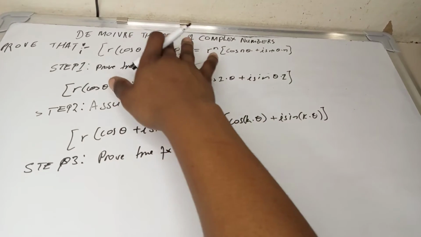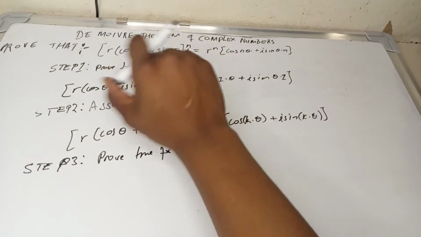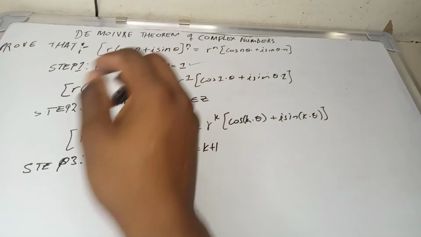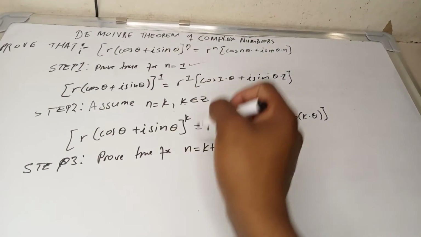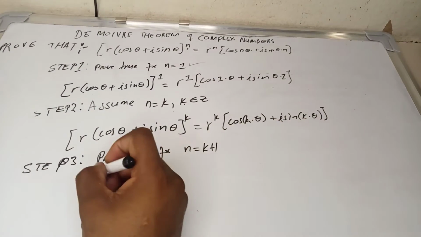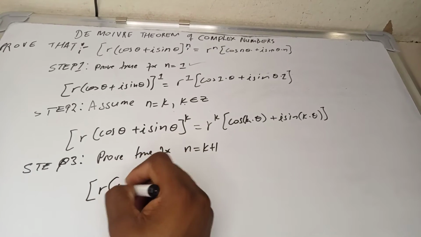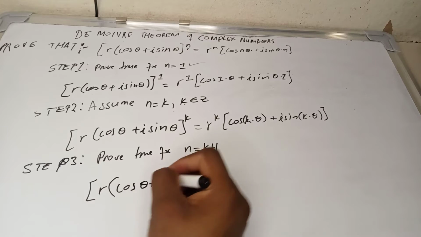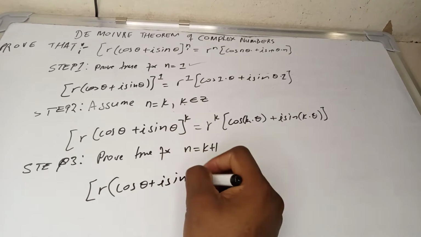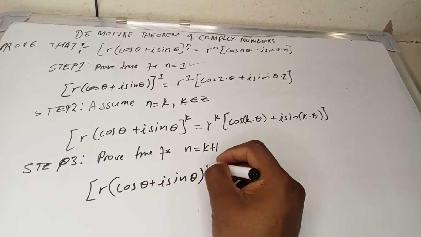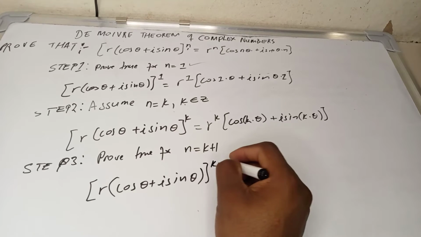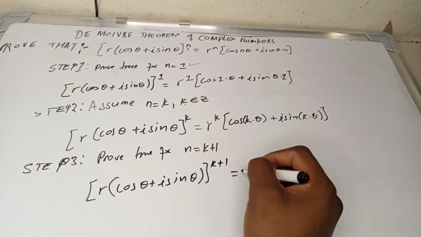We are still using that equation there. So wherever we have n, we are substituting k plus 1. Now we're going to have r cos theta plus i sin theta, all raised to the power of k plus 1.